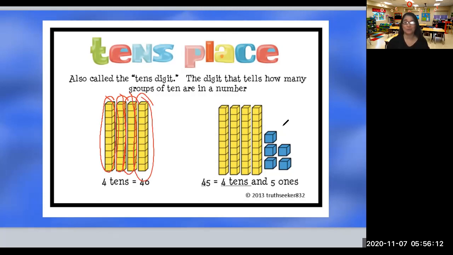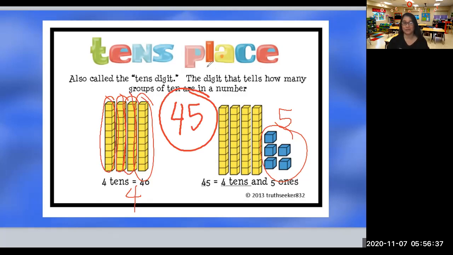Now, let's combine both of them. You remember those blue blocks that we counted a while ago? We had 5 blue blocks, and we had 4 groups of 10 blocks. When you put them together, we have 4 groups of 10 blocks plus 5 blue blocks.